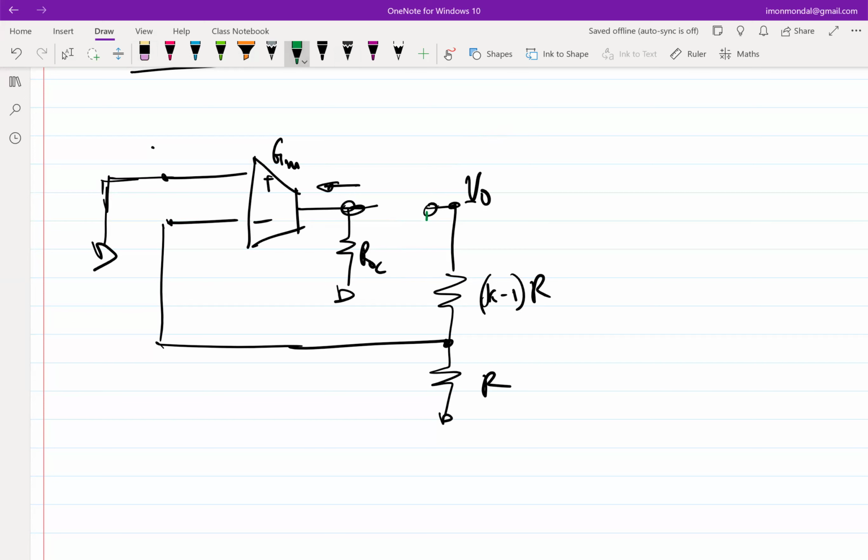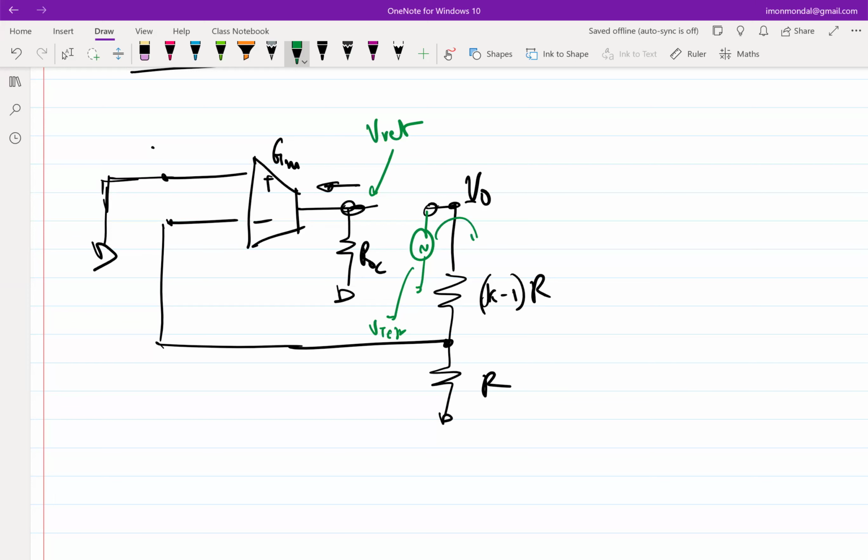So again, I'll apply a V test here and observe this voltage, and we call this V return. Okay. So when I do this, do you think this is appropriate? It is in the direction of the signal flow, but do you think there is a loading effect? There is a loading effect, because how do you know?